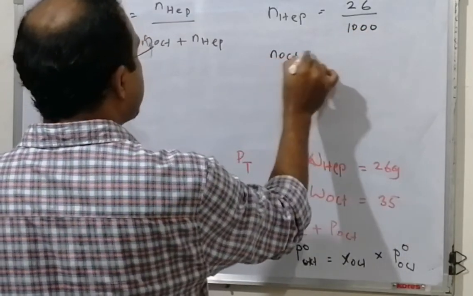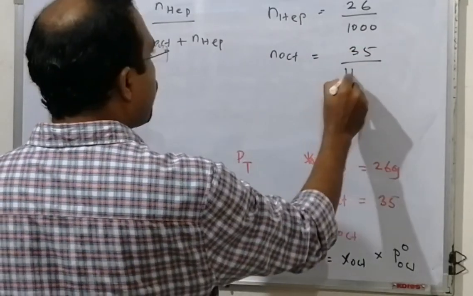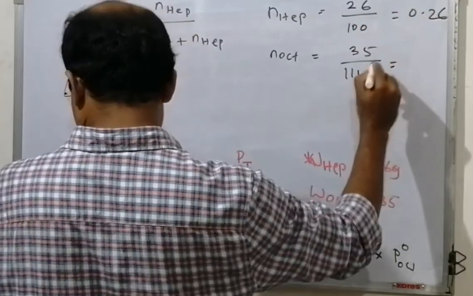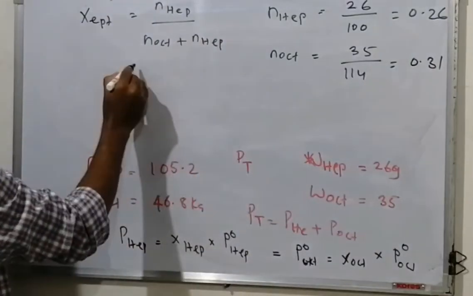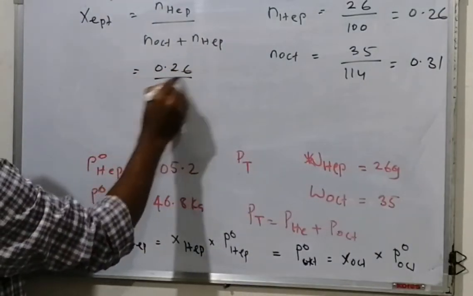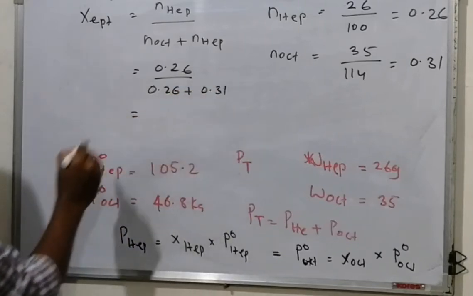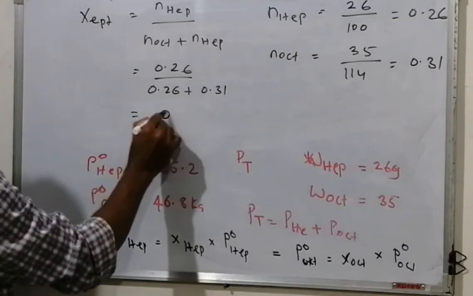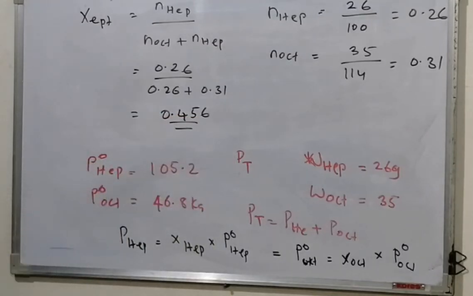Number of moles of octane is 35 divided by 114. This is 0.26 and this is 0.31. Therefore, 0.26 divided by 0.26 plus 0.31. What is that value? That is 0.456.